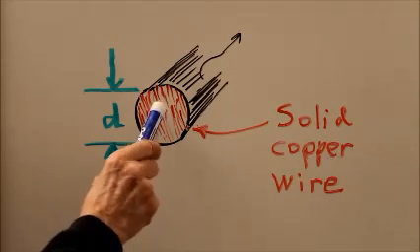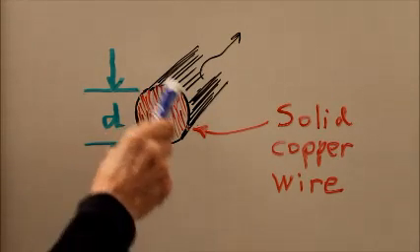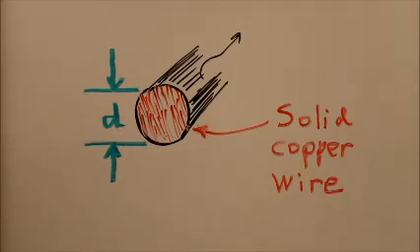The conductance per unit length of a wire like this varies in direct proportion to the cross-sectional area of the wire. So, if we double the cross-sectional area, we double the conductance. So, we cut the resistance per unit length in half if we were to make the diameter 1/4 as great.